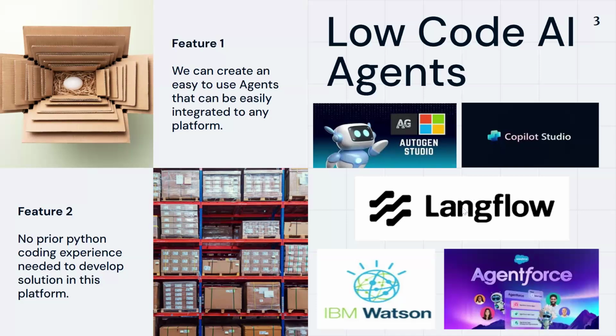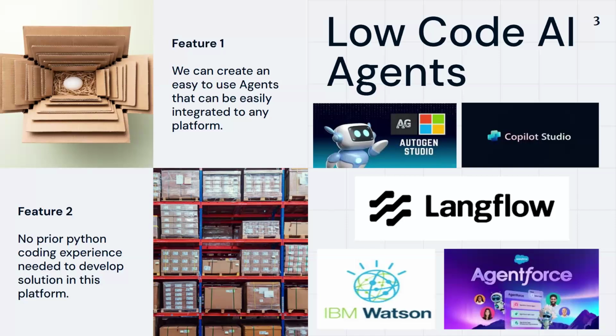Now in the Microsoft world, we have AutoGen Studio and Copilot Studio, and IBM has created its own platform known as IBM Watson. Then we also have a Salesforce product known as Agentforce. What are the important features of these platforms? They give you an easy way to integrate with any of your existing platforms.